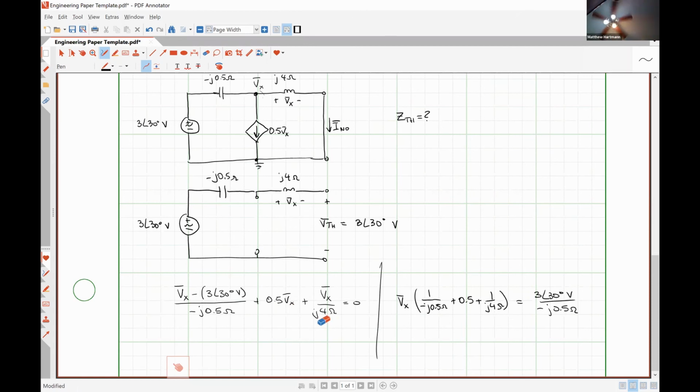All right, so that is something that I can actually just solve using my calculator, right? Because if I take 3 angle 30 degrees and divide that by negative 0.5 J, I get 6 angle 120 degrees, and that would be amps. I can divide that 6 angle 120 degrees amps by this form, and that will leave me with Vx.